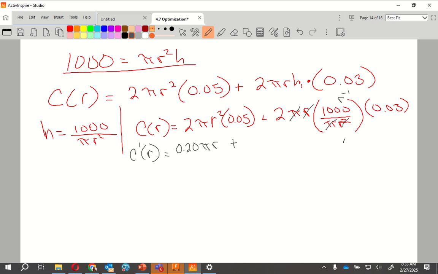Yeah, so it's $60. So 2 times 1,000 times 3, it's going to be 60. But I also have to take the derivative, so that's going to become a negative 60, and that's going to be r to the negative 2 by taking the derivative there.